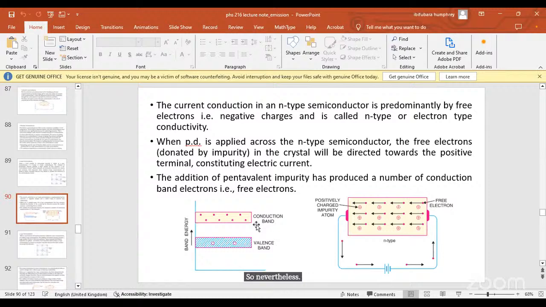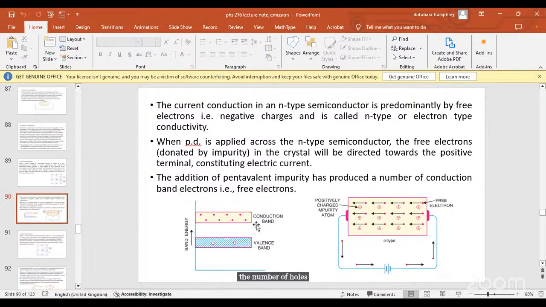Nevertheless, in an N-type semiconductor, remember, since it is a semiconductor, conduction is by electrons and holes. In any semiconductor, the conduction is by electrons and holes. For an intrinsic semiconductor, the number of electrons is equal to the number of holes. But for an extrinsic semiconductor, they are not equal. For N-type, the number of electrons is more than the number of holes.